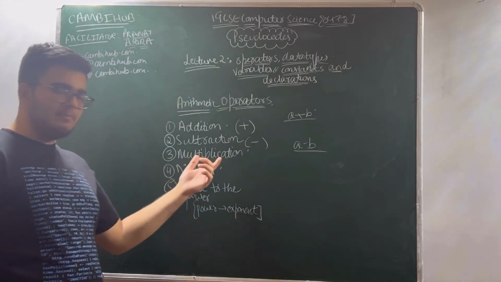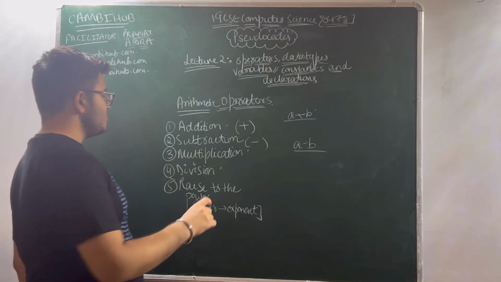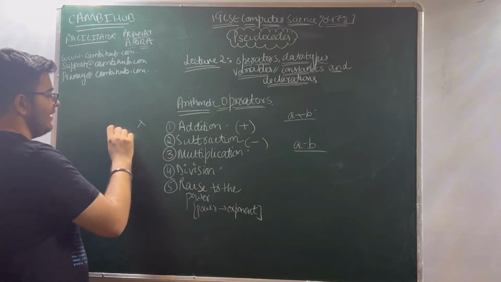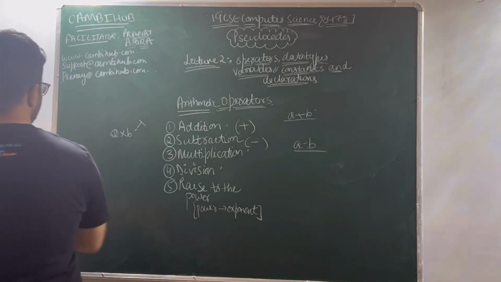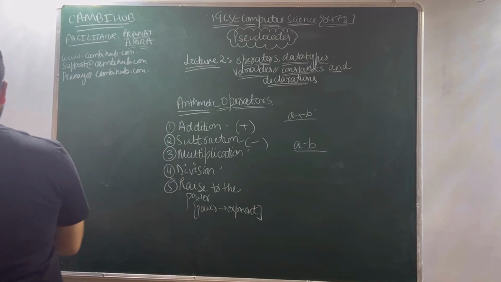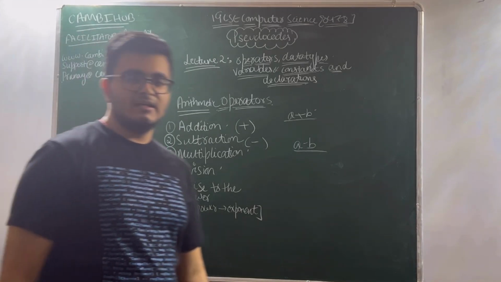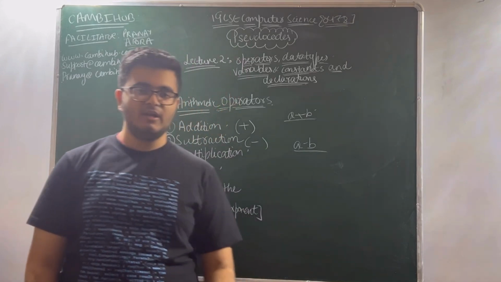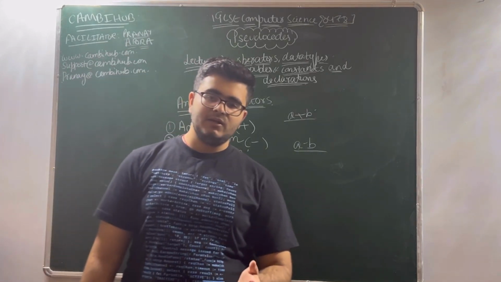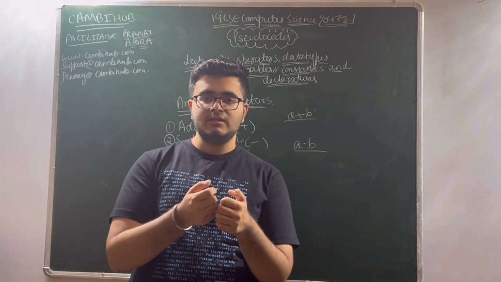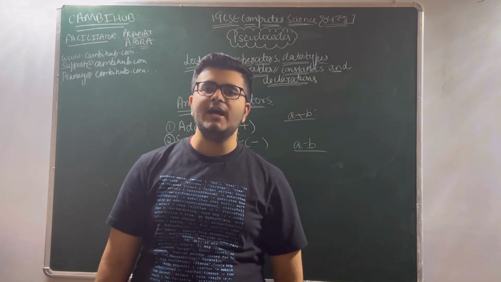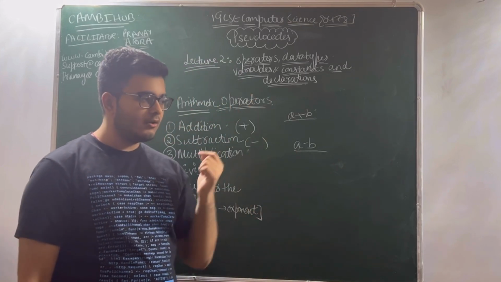For multiplication, however, we used to write this sign. If I had to write A into B, we used to do this. However, this does not exist in your keyboard. Programming is done on a device. If you're using a laptop right now, or even a phone, just try opening the typing keyboard and you won't find the cross symbol there.